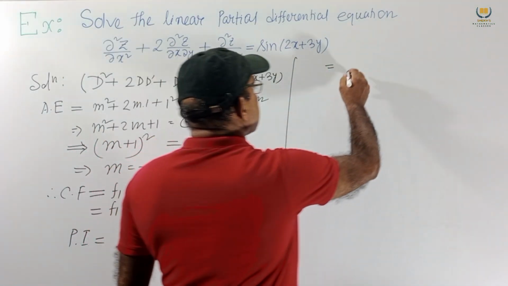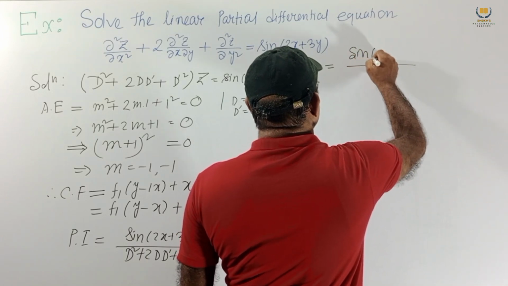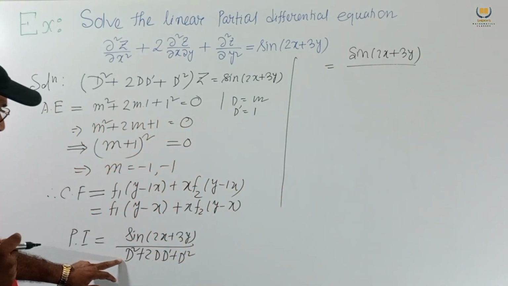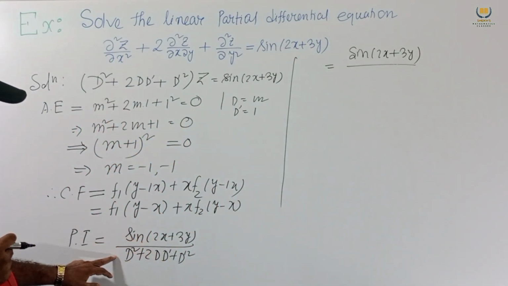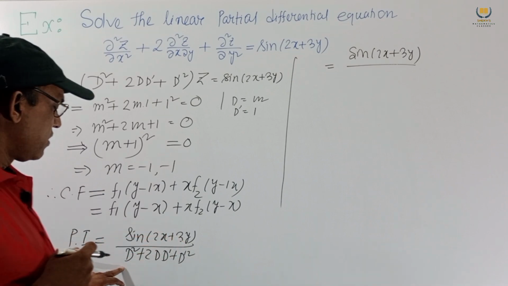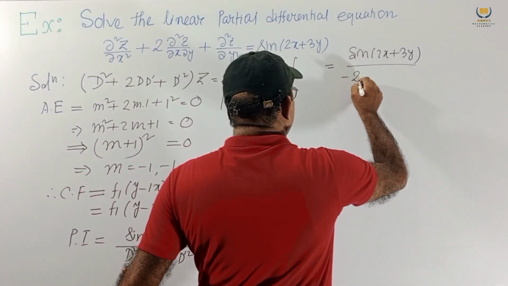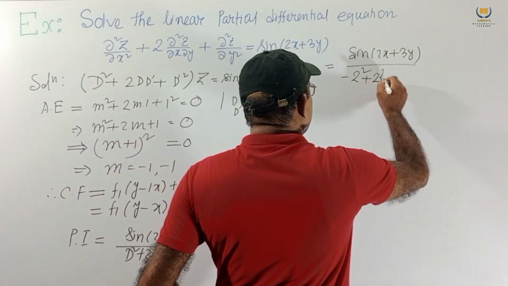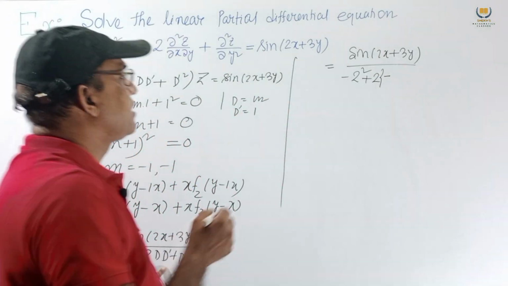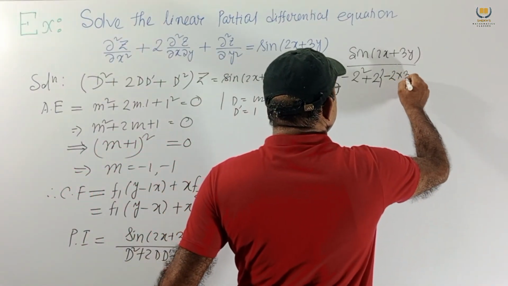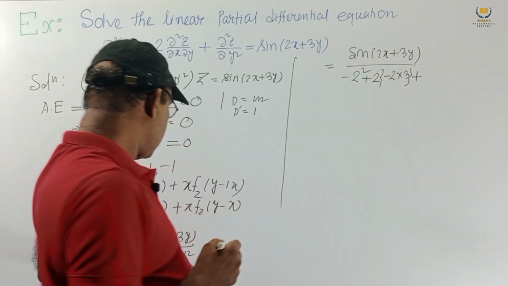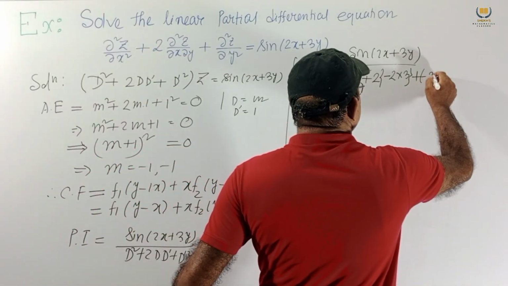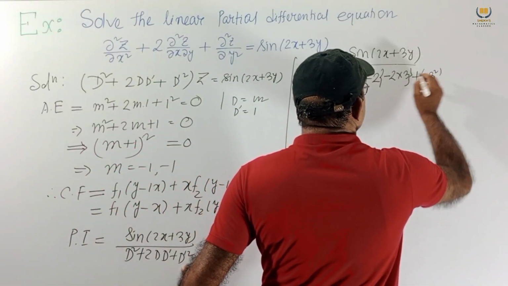The sine of 2x+3y remains the same. In place of D we put the coefficient of x with a minus sign, and in place of D' we put the coefficient of y. So D² becomes minus 2 squared, DD' becomes minus 2 into 3, and D'² becomes minus 3 squared.